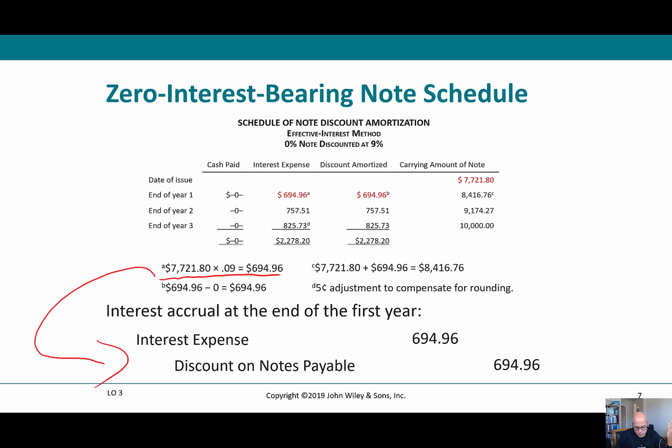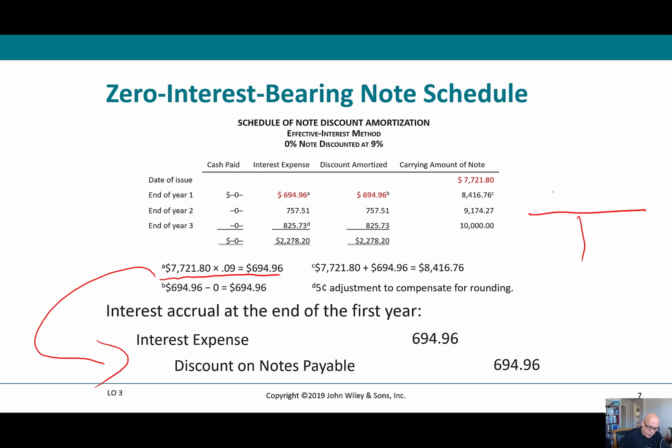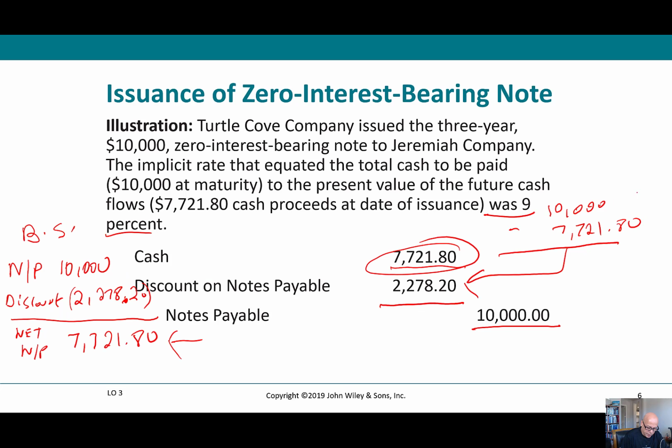We credit the discount on the note payable. Now remember, on our previous slide, we had debited the discount for this 2278, right? So if this is the discount, we'll tee up the discount here. And we had originally had in there, now I got to peek back, 227820.